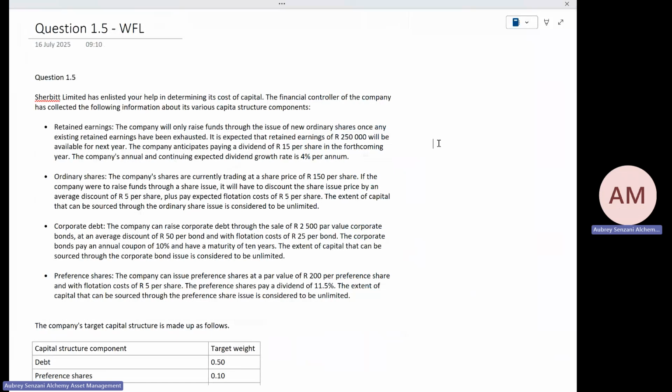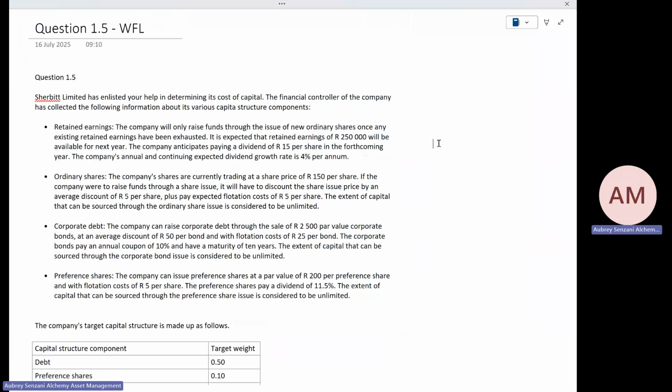Calculate the weighted average cost of capital associated to the total new financing below the break point calculated in part 2 above. Then it says calculate the weighted average cost of capital associated with the total new financing above the break point calculated in point 2.